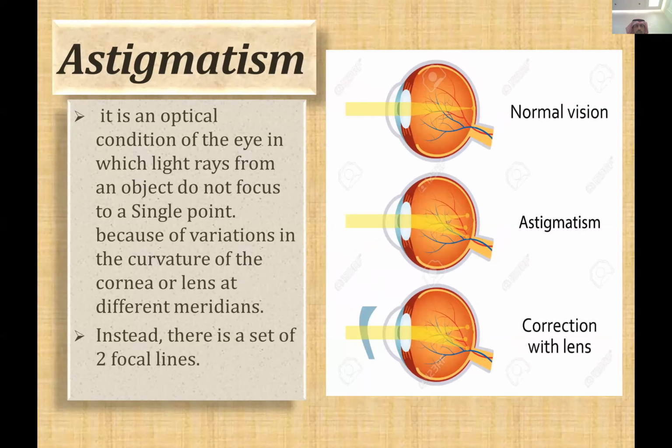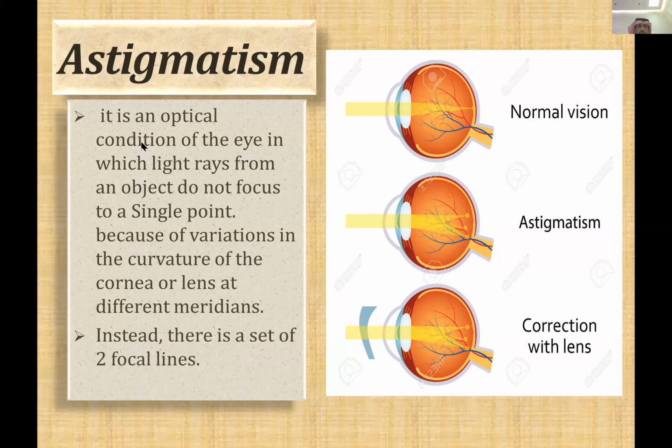Astigmatism is an optical condition in which light rays from the object do not focus into a single point, but instead focus into two focal lines or more. So instead there is a set of two focal lines. You see here, more than two focal lines. It will be corrected with this type of lenses.